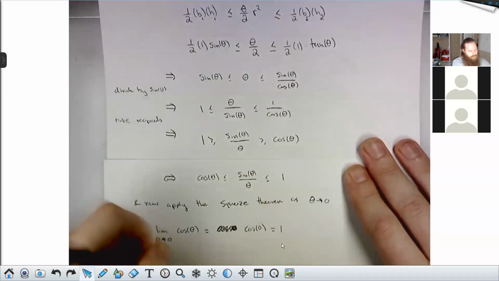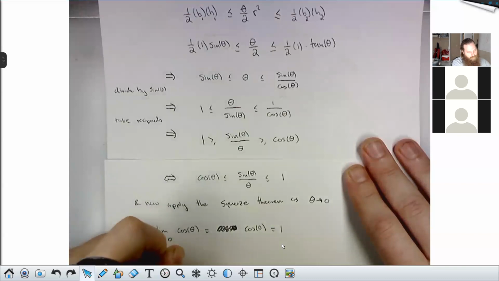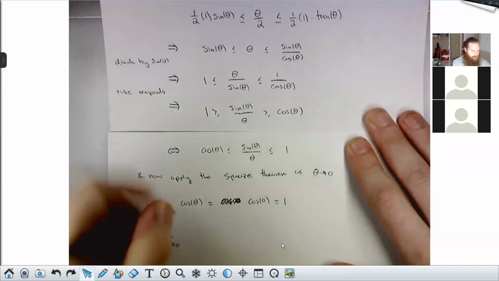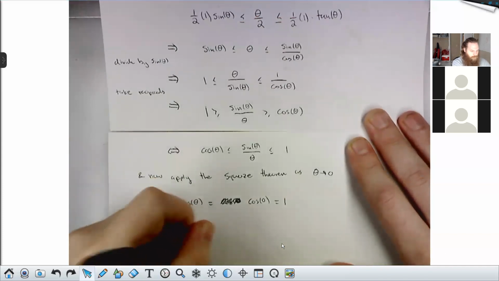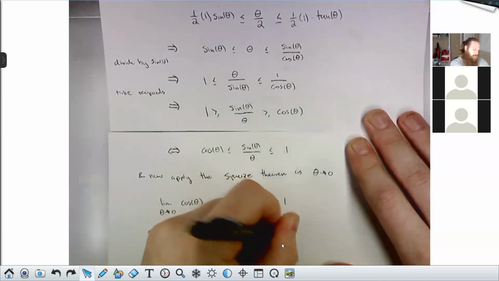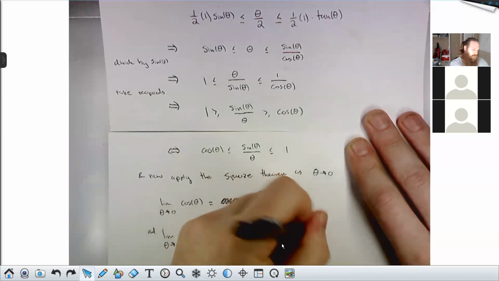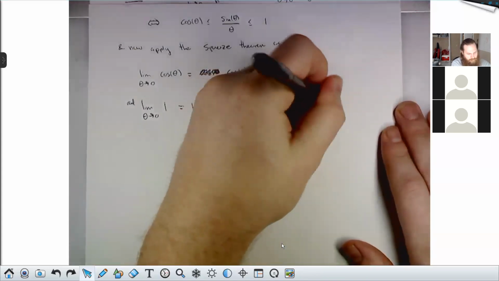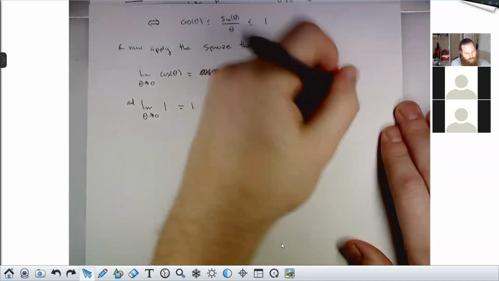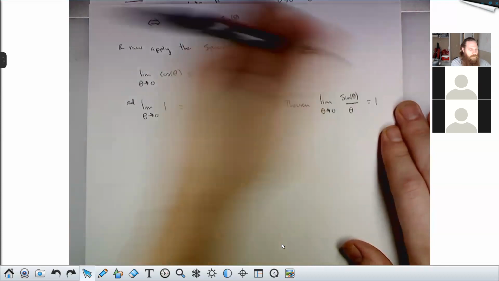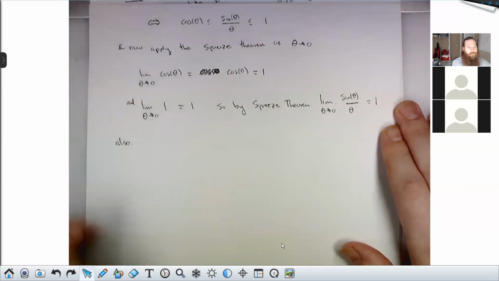And of course, the limit as theta goes to 0 of the function on the right here, 1, is just 1. So by the squeeze theorem, the limit as theta goes to 0 of sine theta over theta has to be equal to 1 also.